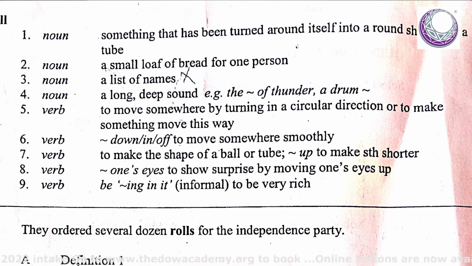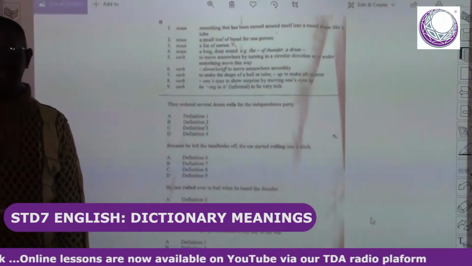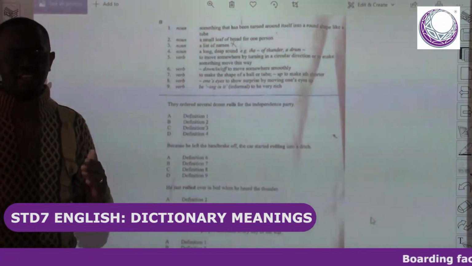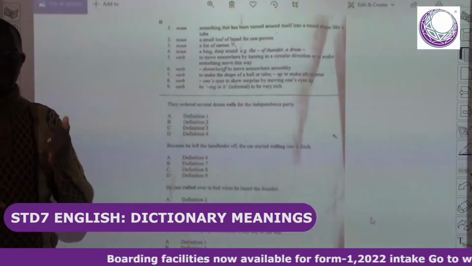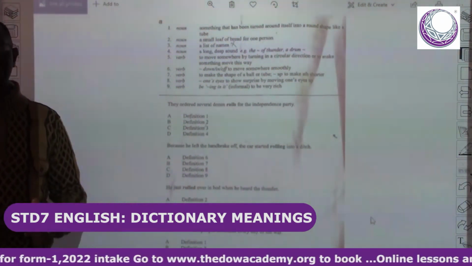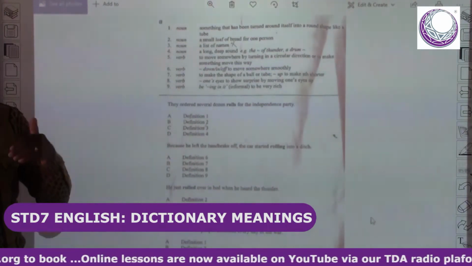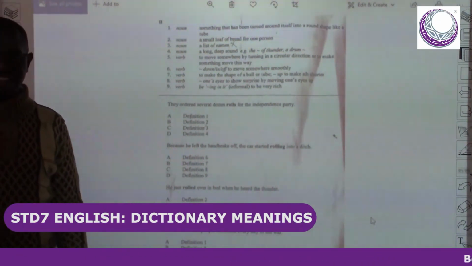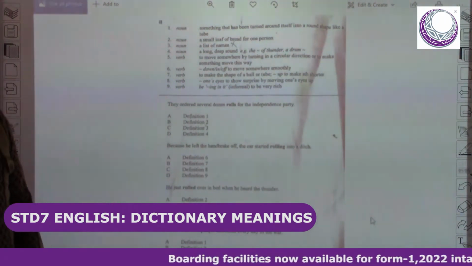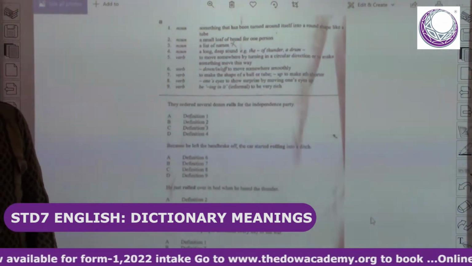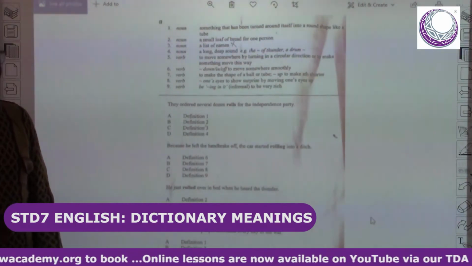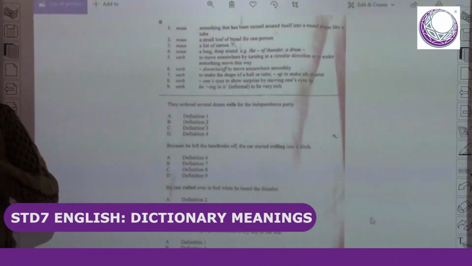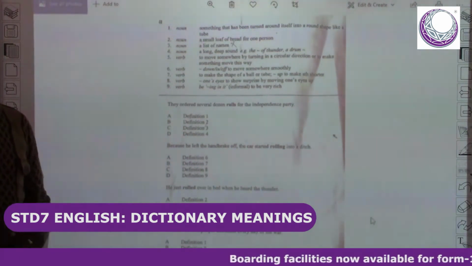All right. So dictionary meanings are interesting basically because you actually have a guide, and the guide is usually the table where the word has been used and described. Now, when the word has been used and described in the table, our duty as learners is to find the matching description, and you must relate it well to the sentence that is used.